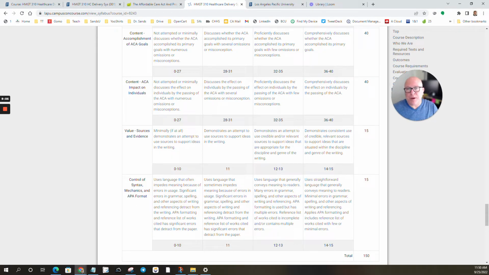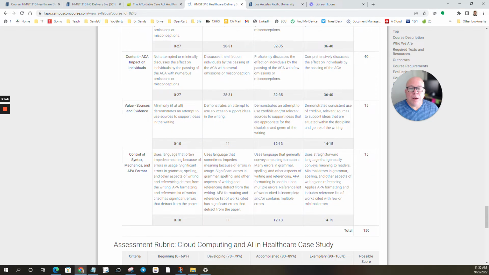So let's go back. All right, so when you think about APA, and this is all in what I've already posted, I'm going to go through it again. Every paper, because you're at the college, university level, has a title page, period. I also put in there the key components, what I want you to put on the title page, so you know what that is. So you have the title page.